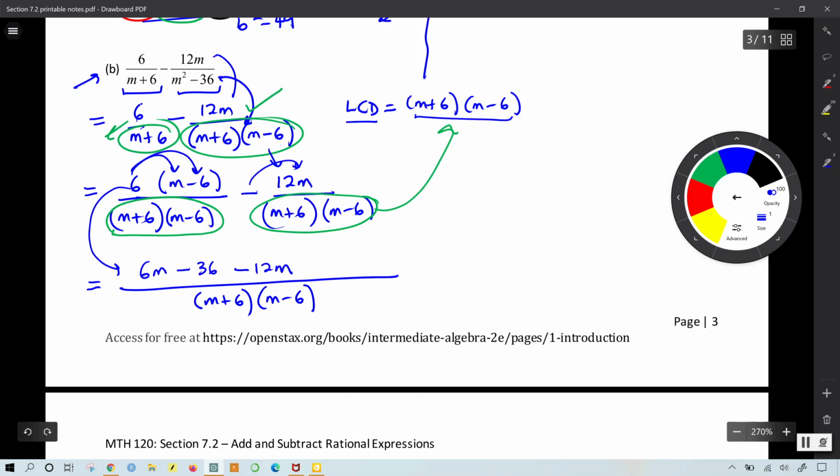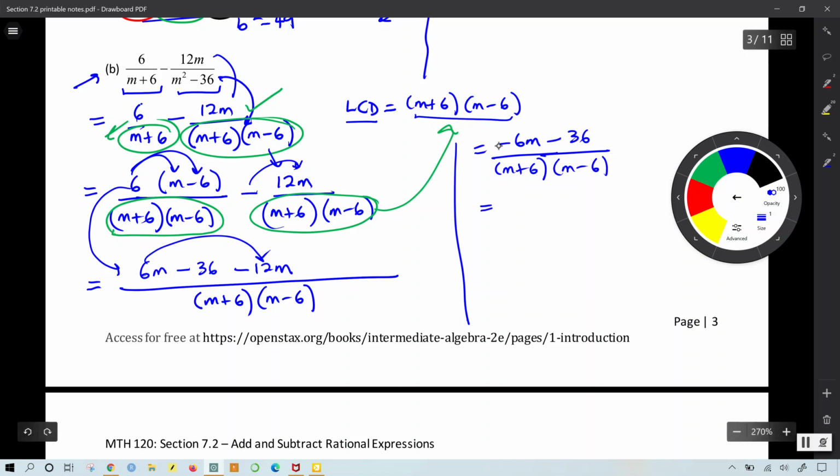And so we're good to go towards the answer. 6m minus 12m, we have negative 6m minus 36, divided by m plus 6 and then m minus 6.